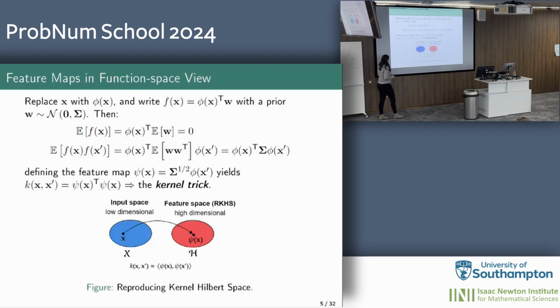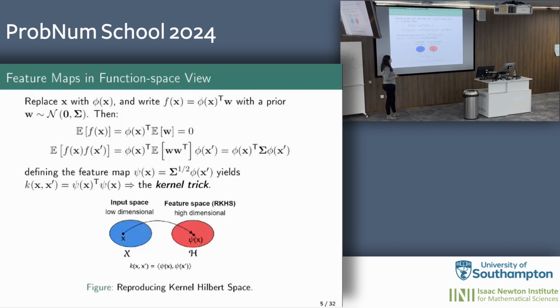And this actually defines what we call a feature map. And this gives rise to the kernel trick, that you can compute using this inner product, but we don't usually want to compute it directly. So that's how I want you to think about that, as a function space.